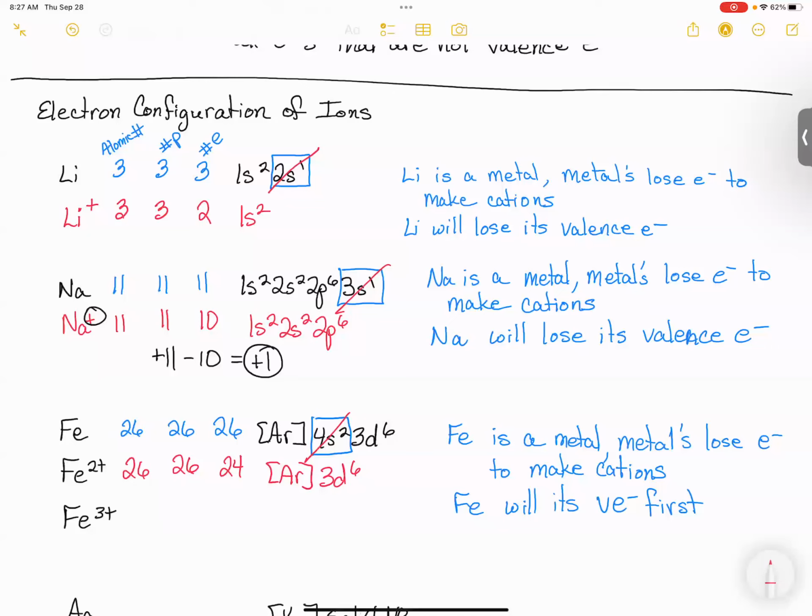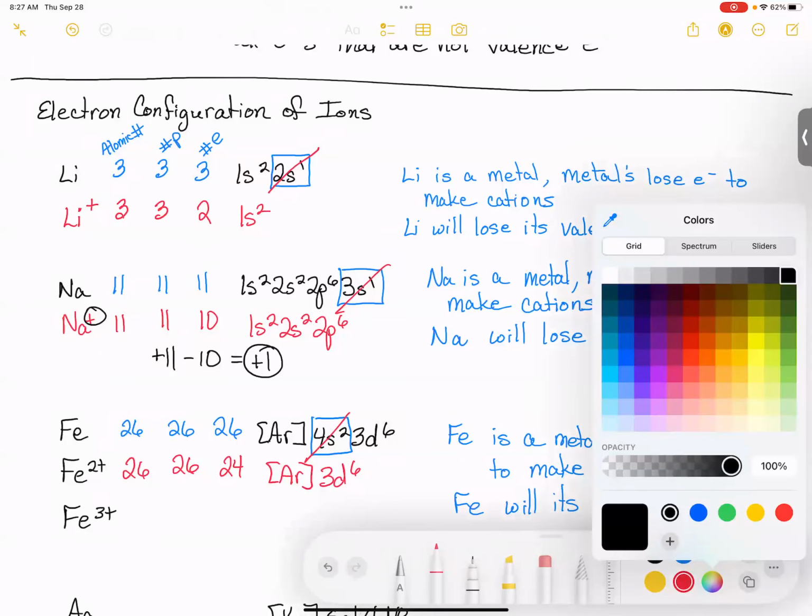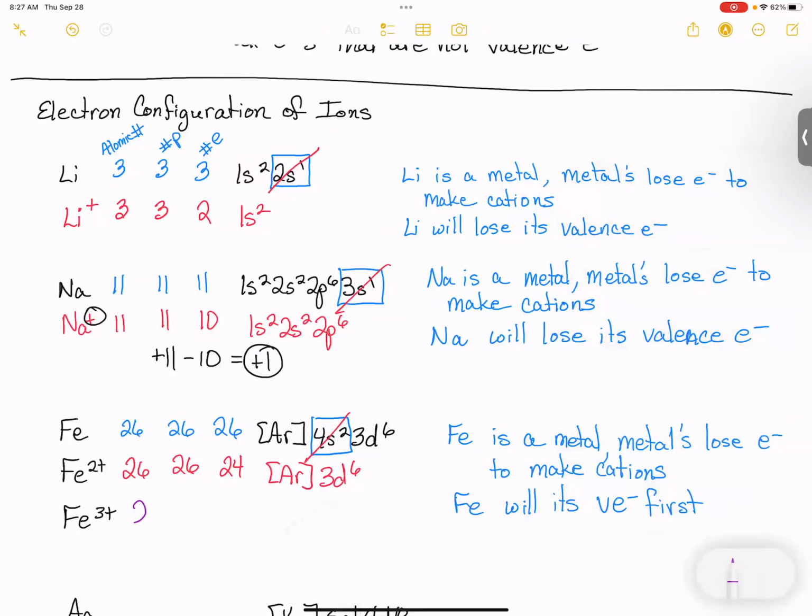Now, iron 3 plus means I have to lose 3 electrons. So I'll have 26 protons and an atomic number of 26, but now I'm only going to be allowed 23 electrons.